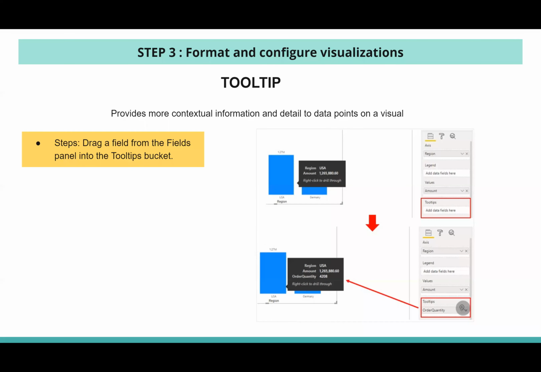Here you just have to drag a field from the fields pane into the tooltips bucket, and then you add whatever information you want to put there.